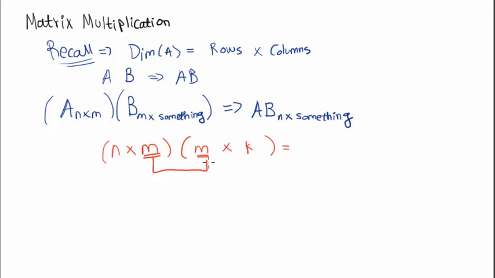In this case, they are. So I can proceed with matrix multiplication. And then the outer two would be the dimension of my new matrix in that order. So the dimension of that matrix would be n by k.